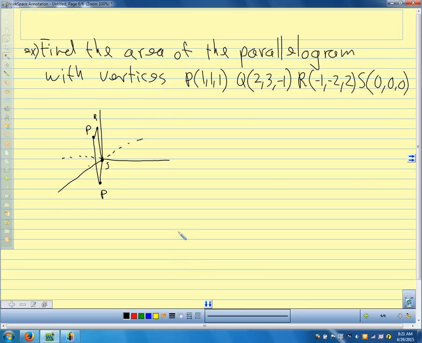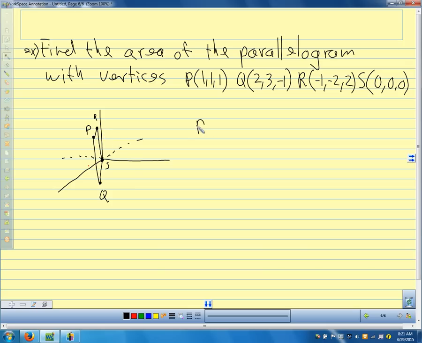So either of those three ways would work. And then, wait, which one did I mislabel? This one is 2, 3, this is point Q. Over 2, 3, and then down 1. This is point Q. So I used the vectors. You could choose any pair that make up adjacent sides.